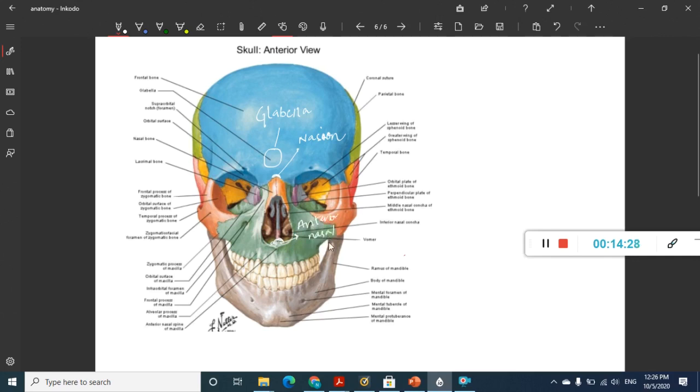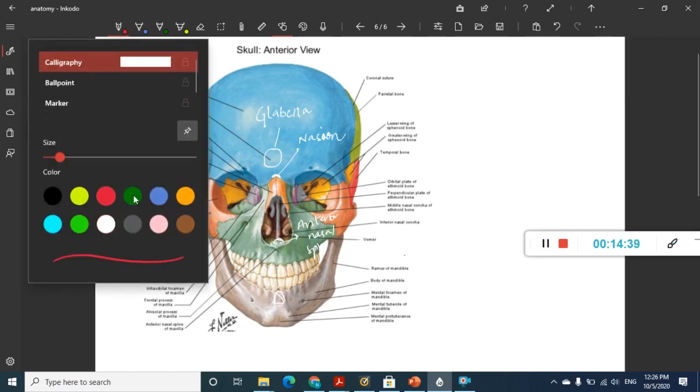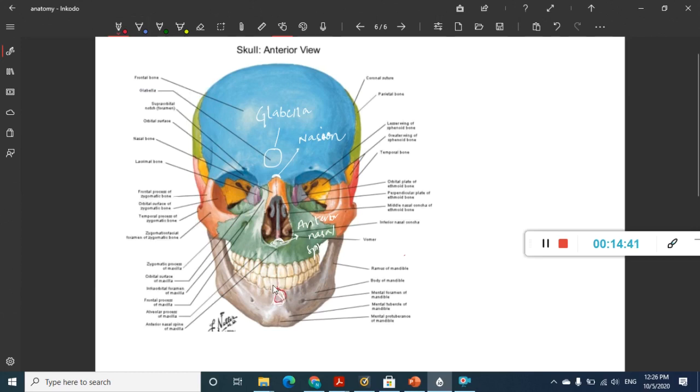Then you also have a projection here, as I have said, which is called the symphysis menti, which is the meeting point of the two mandibular bones. You have the mental protuberance in the midline, and below you have something called the mental point also, which is the midpoint at the base of the mandible, and this is called the gnathion.